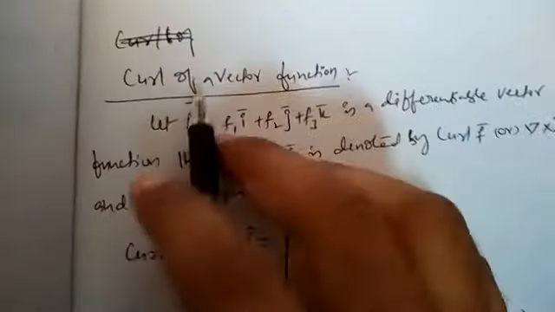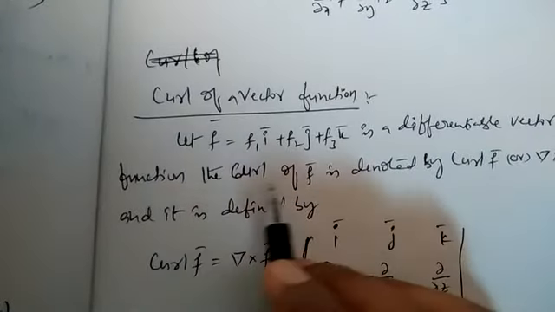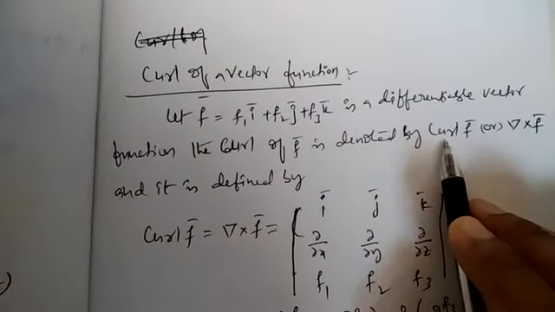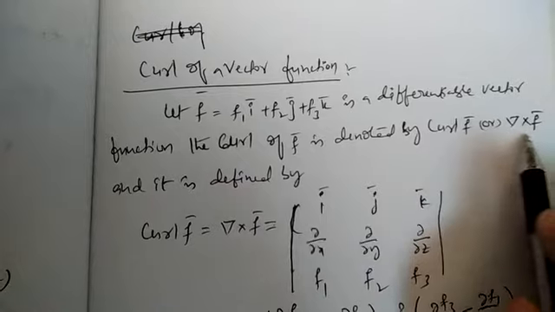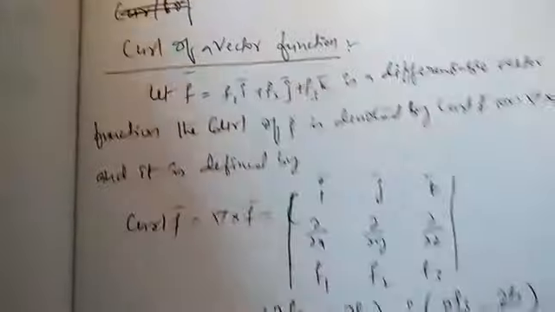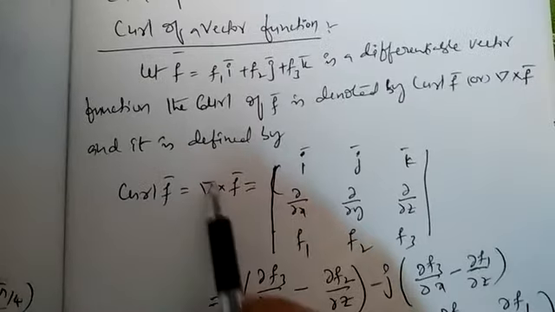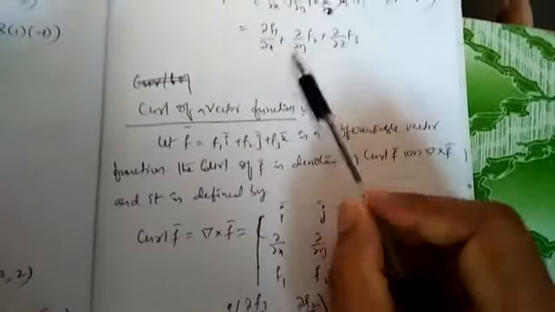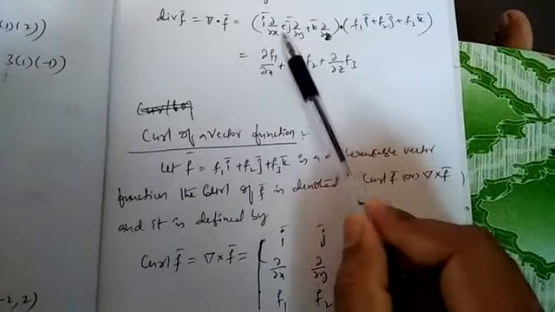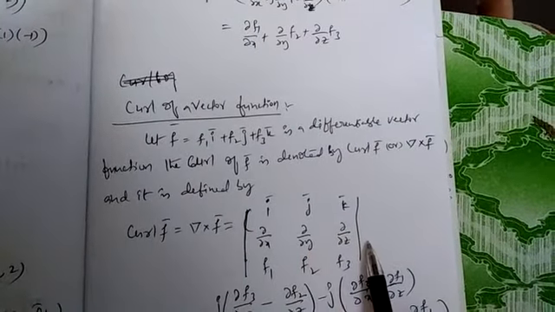Now look at the curl definition. If f equal to f1i plus f2j plus f3k is a differentiable vector function, then the curl of f is denoted by curl f or del cross f, and it is defined by del cross f equal to the cross multiplication of the two vectors, with rows i, j, k. One vector is del, with components along x, y, z: dou by dou x, dou by dou y, dou by dou z.